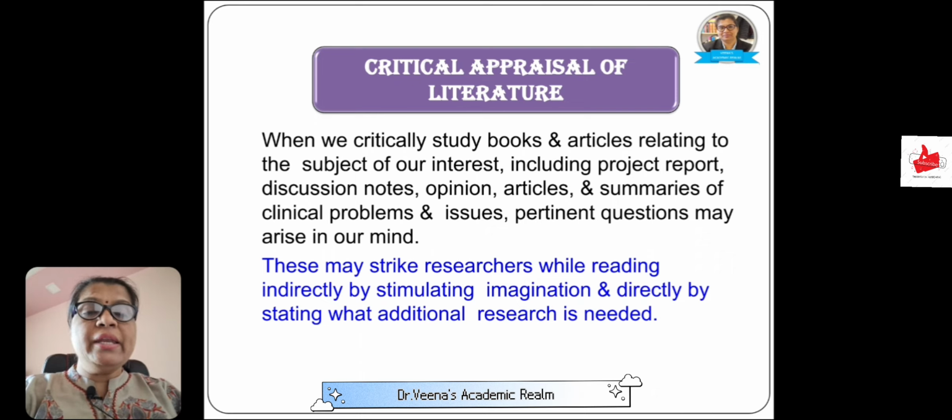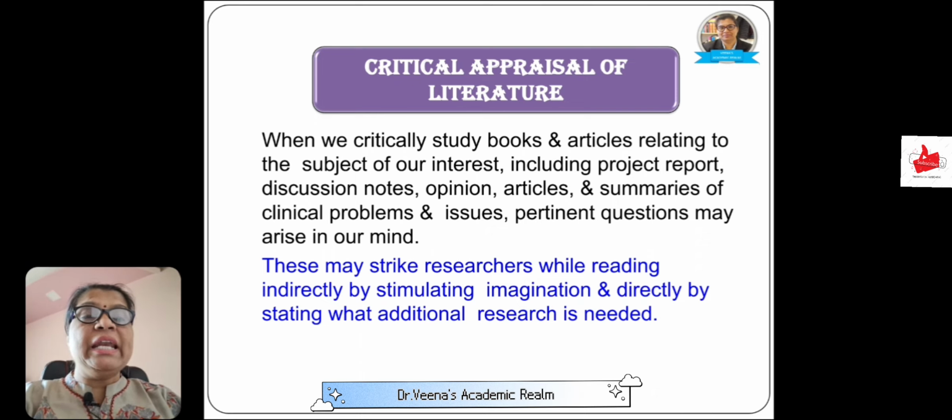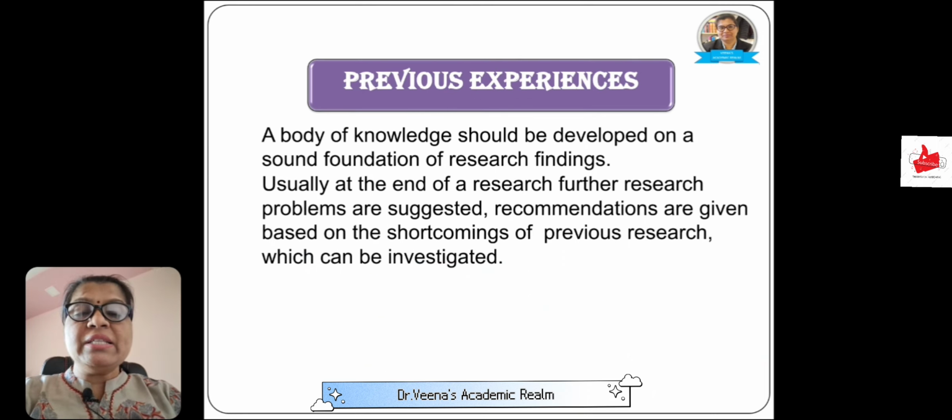So this is an area where you can do critical appraisal, or think critically, find out the problem, and then find out the area where you can conduct the research study. Then previous experiences, like our previous knowledge.